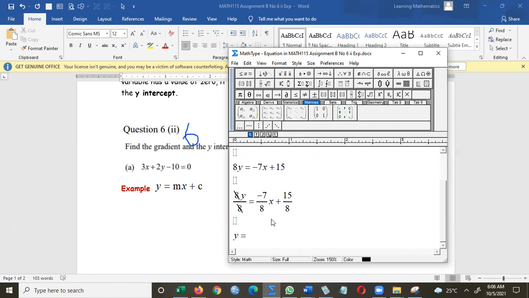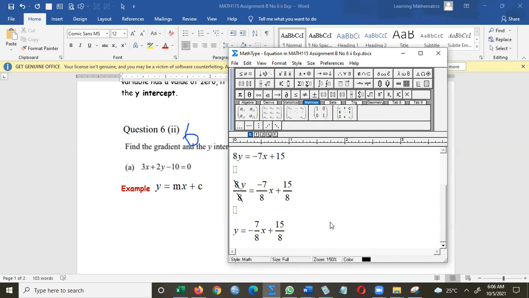Then we have negative 7 over 8x, or just put the negative on the same line as the division sign. So the whole fraction is negative, negative 7 over 8, plus 15 over 8. So here, y is made the subject.